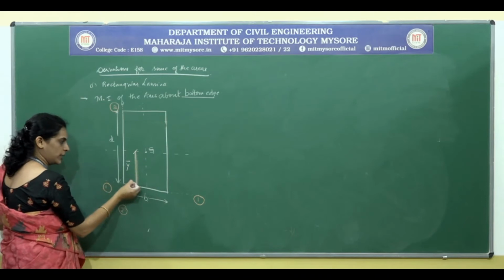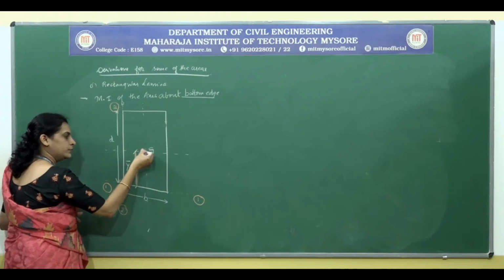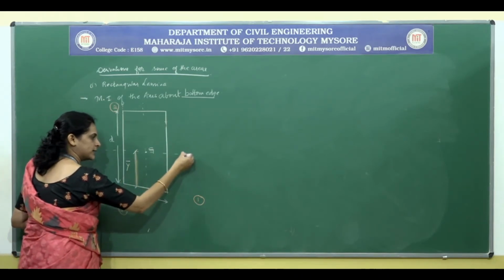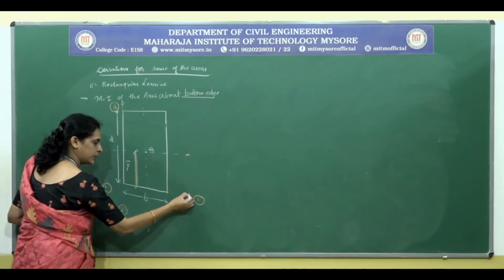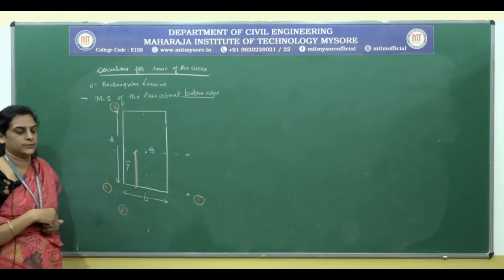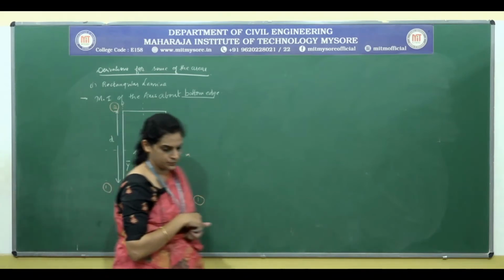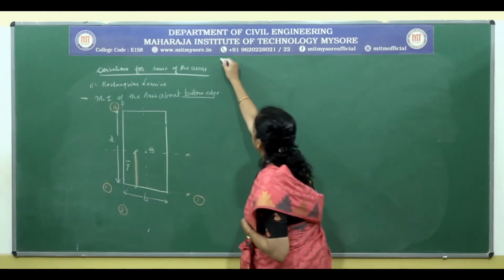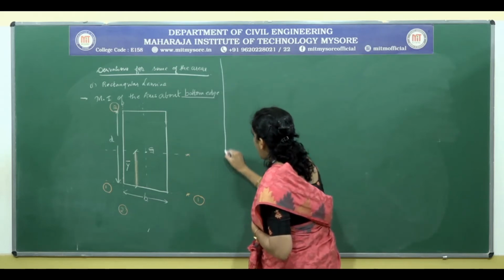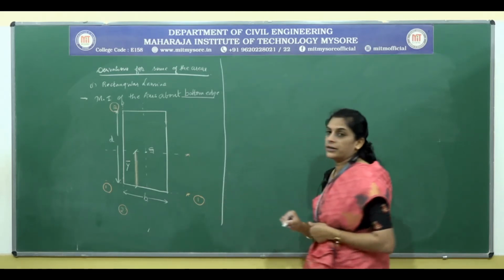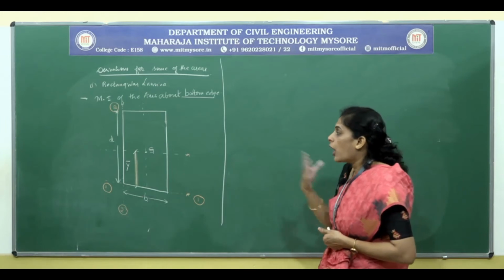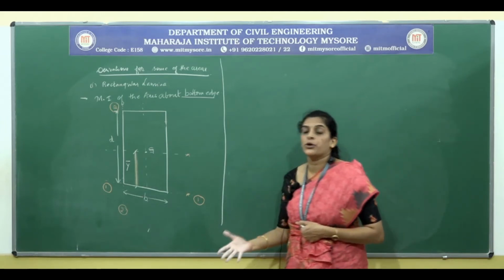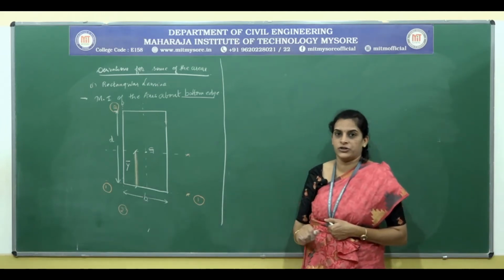The centroid is between the centroidal axis and the considered axis. So now we have to apply the parallel axis theorem to get the expression. So, how do we know that we are supposed to apply the parallel axis theorem?